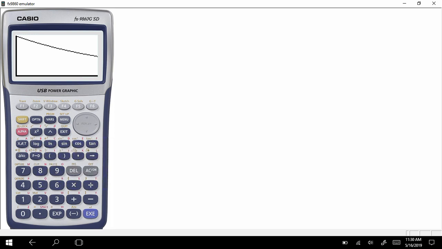All right, so part C says, what's the guy's weight going to be after 17 days? So we're typing in x equals 17. That's a G solve.